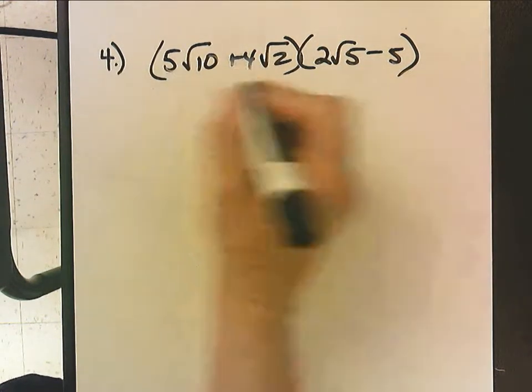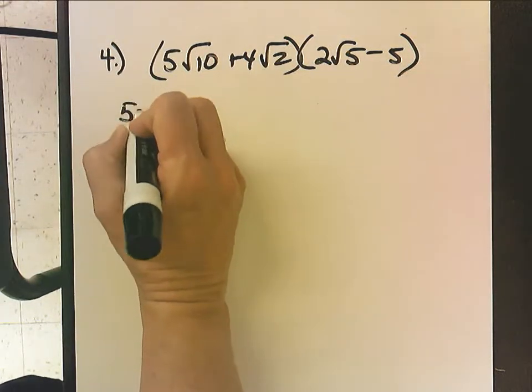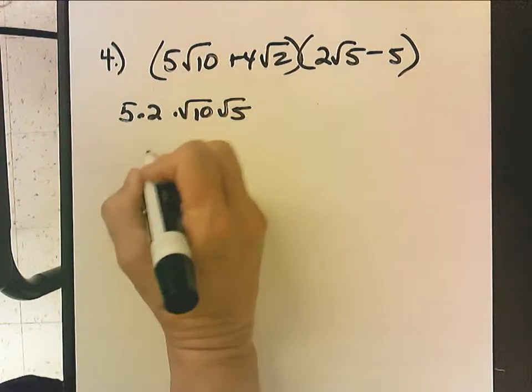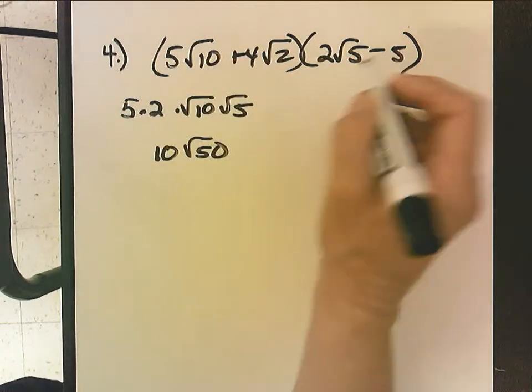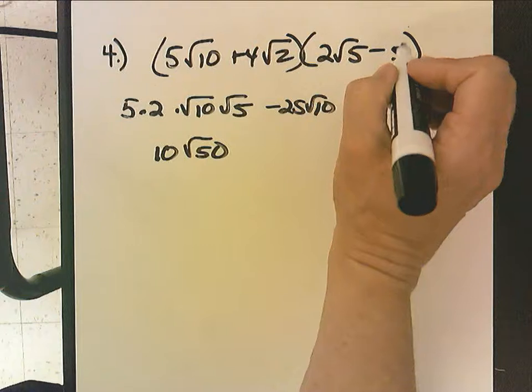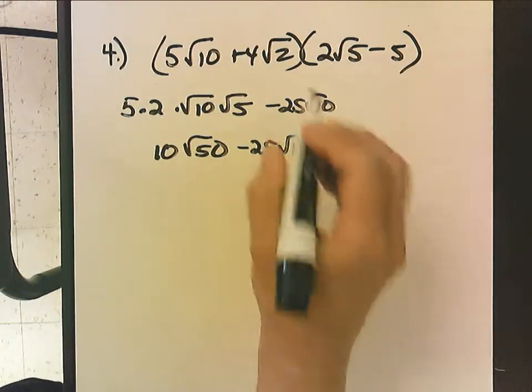Now, when I do 5 root 10 times 2 root 5, remember it becomes 5 times 2 times root 10 times root 5. That becomes 10 root 50. First, outside, minus 25 root 10, because 5 multiplies the 5, and the root 10 stays there.